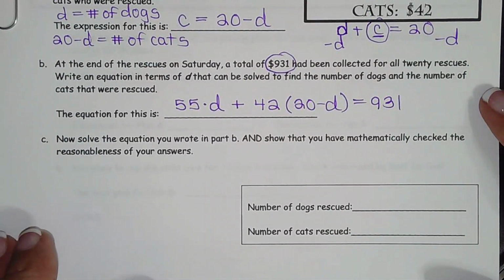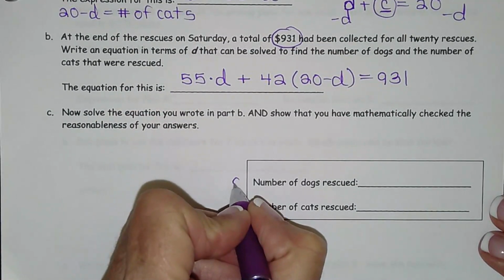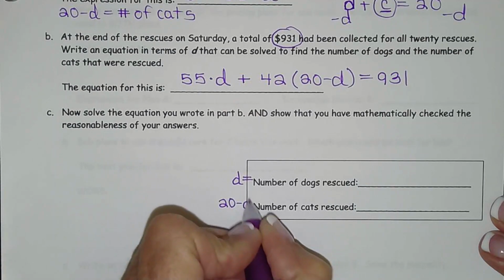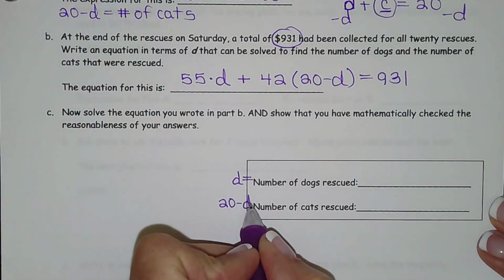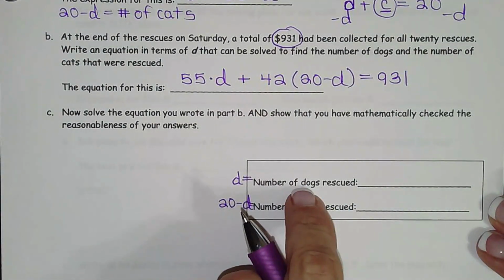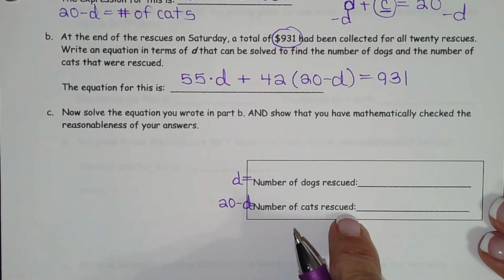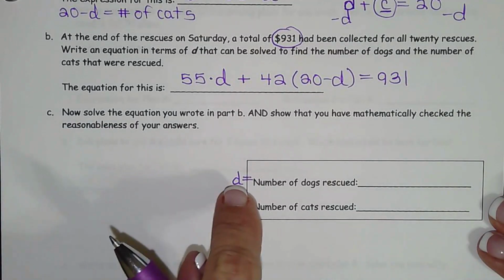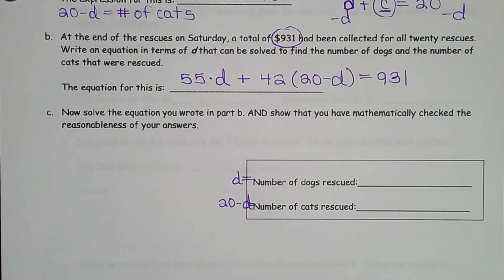And it might be a really good idea to put your variables down here so that when you do find D, you know how to fill in the blanks for each of these. So we know D is the number of dogs, and we know 20 minus D is the number of cats. Because that'll make it quicker when you get D equals 10 to put 10 there and 10 there and find your two answers.